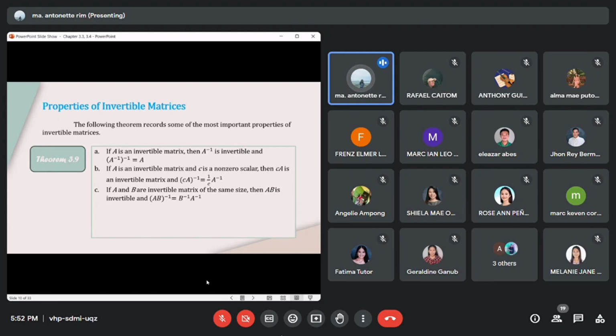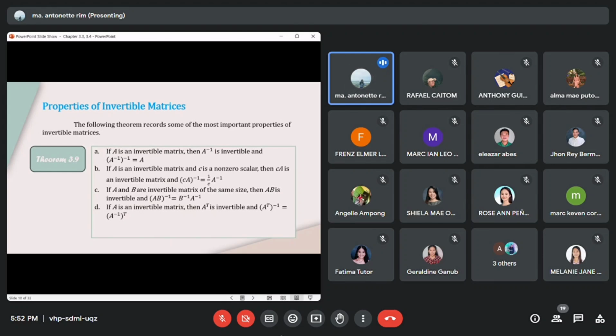So if we multiply A and B to get the matrix AB and find its inverse, it is equal to the product of the inverse of B and the inverse of A. So they are equal. And letter D, if A is an invertible matrix, then the transpose of A is invertible, and the inverse of its transpose is equal to the transpose of the inverse.